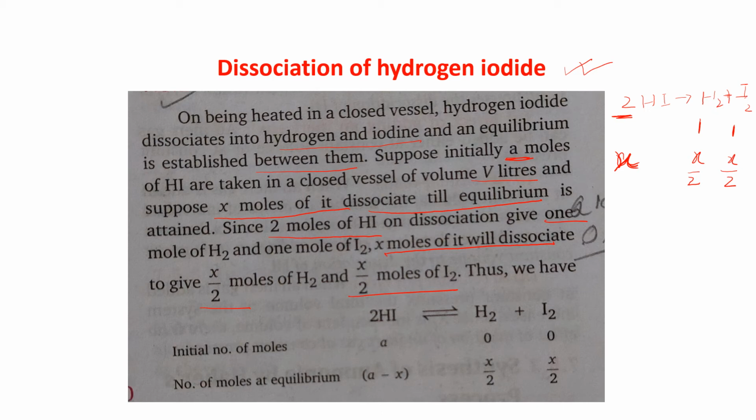Now, initial number of moles, suppose I have taken A for HI, and initially there will be no product, so it is 0 and 0. Number of moles at equilibrium, X mole dissociated, so it will be A minus X, and it will be X by 2 and X by 2. Is it okay?